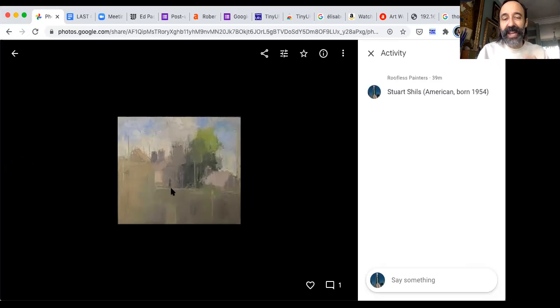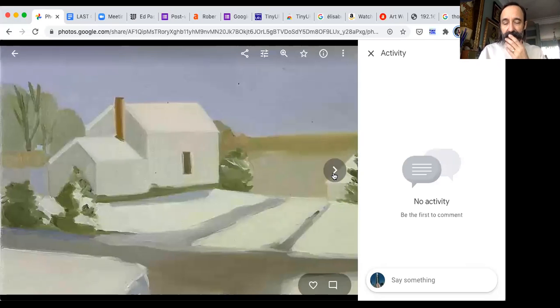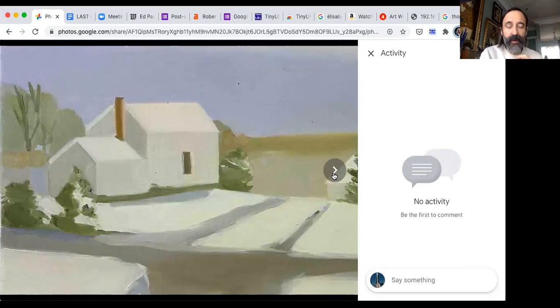I'm sorry I couldn't find a bigger image, but I think this is an incredible painting. Maureen Gallagher, I didn't put her name. Maureen Gallagher is an American painter. She is not very well known.